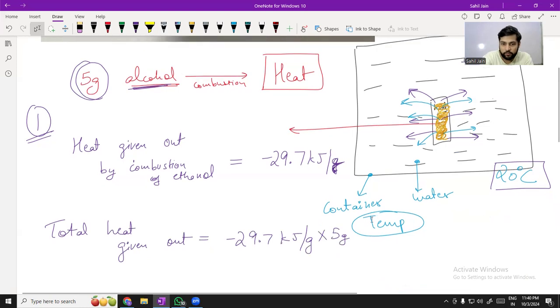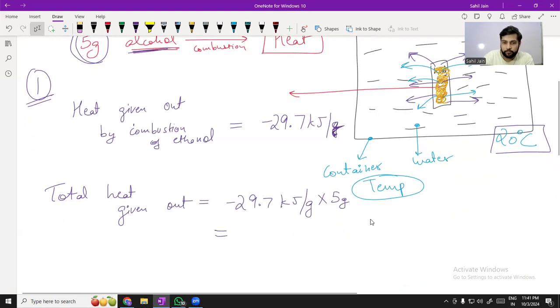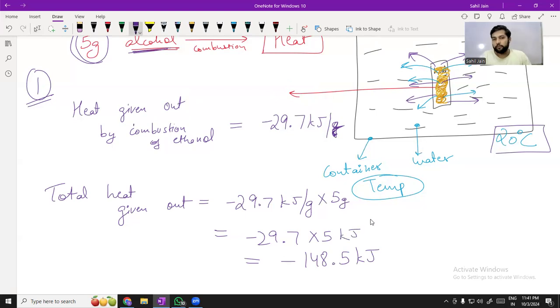The grams and grams would get cancelled, and we would get minus 29.7 multiplied by 5. That would give us negative 148.5 kilojoules. Yes. Don't forget to write the unit behind that. Okay. So this much heat energy we are getting from the ethanol.